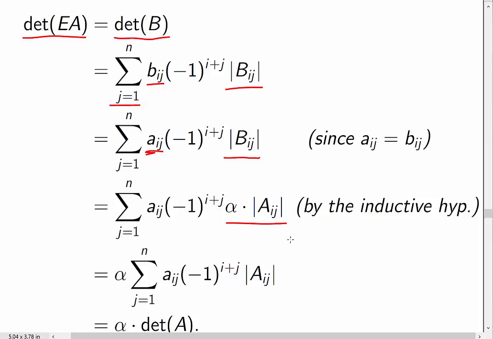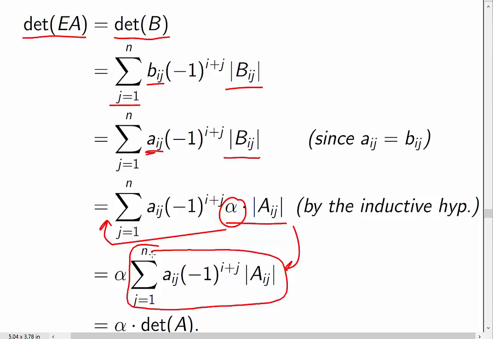And then moving down to this line, all I've done is take the alpha, which is a constant, and factor it all the way outside of the sum. What I'm left with is the determinant of A. So with all that going together, the determinant of E times A is equal to alpha times the determinant of A. That's a lot of math.